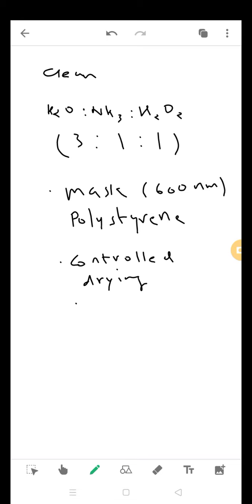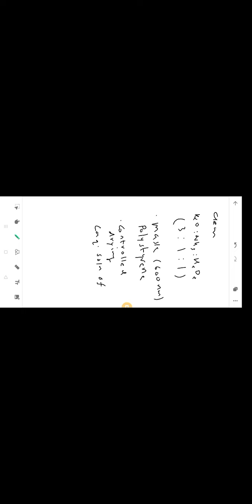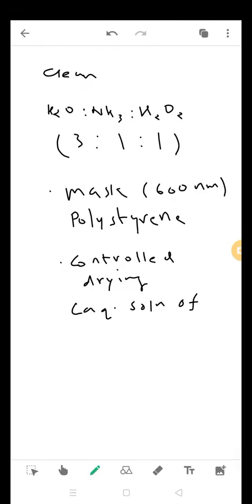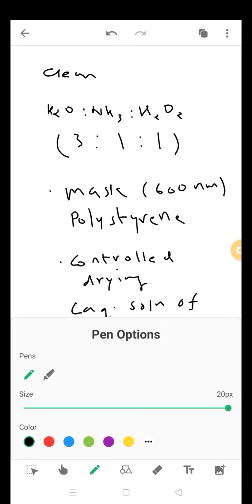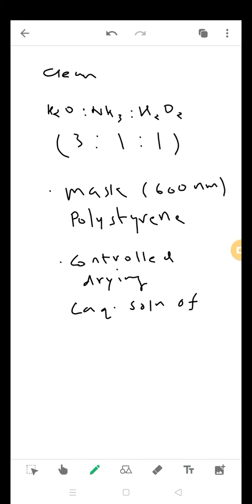We do this controlled drying from an aqueous solution of colloidal polystyrene, PS.